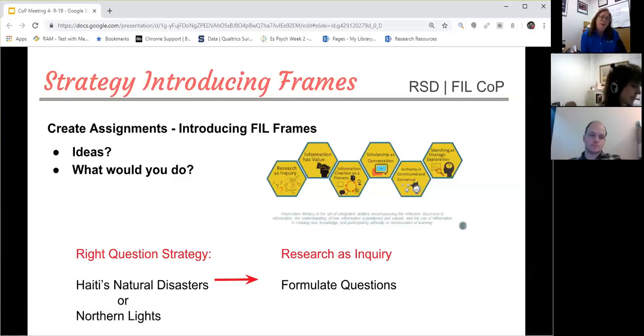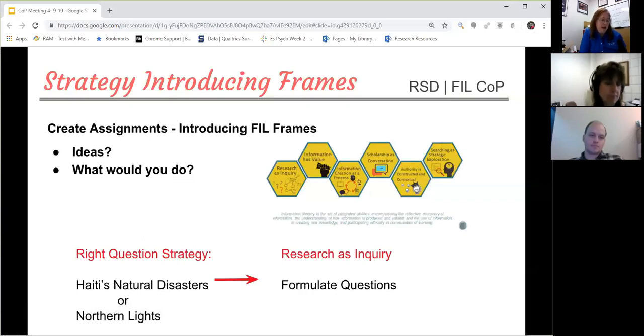So what you do is you start with an idea, a proposal, a sentence, a thing to be investigated. And they talk about the right question strategy. So in this particular case, for an example, what I would do is create a prompt for students to generate their own questions.